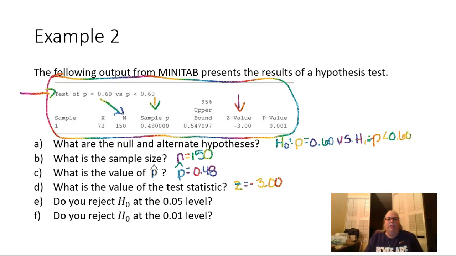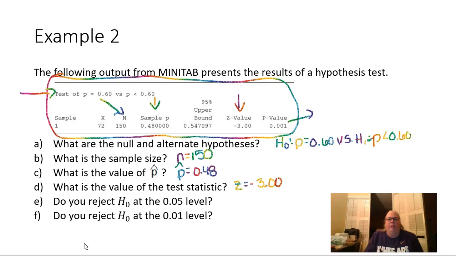All right, E. Do you reject the null hypothesis at the 0.05 level? Our p-value can be found right here. This is 0.001, and what we're checking to see is whether the p-value is less than our alpha value.